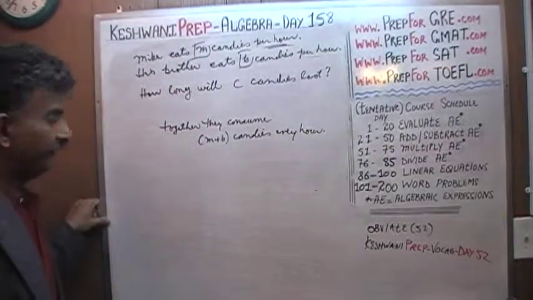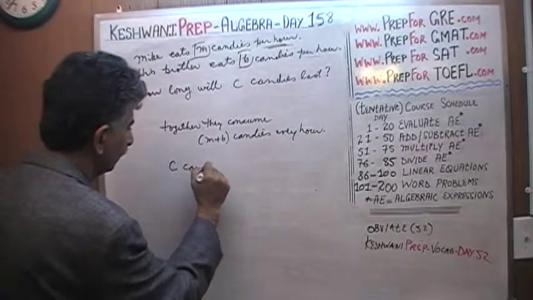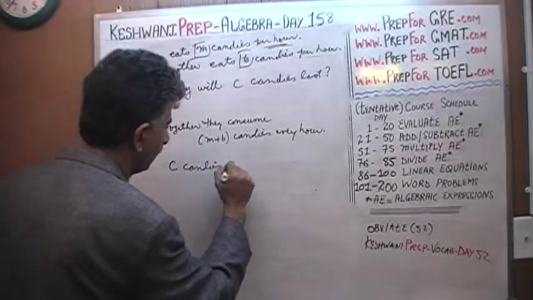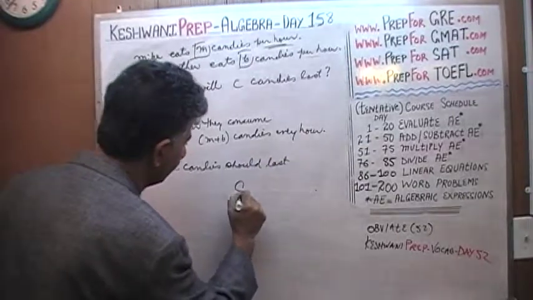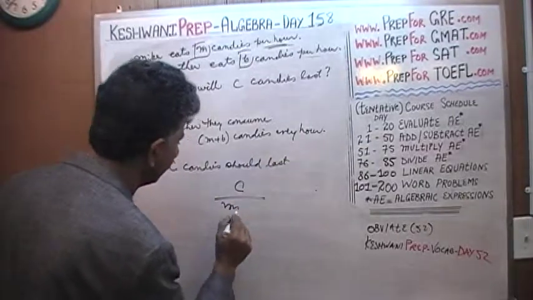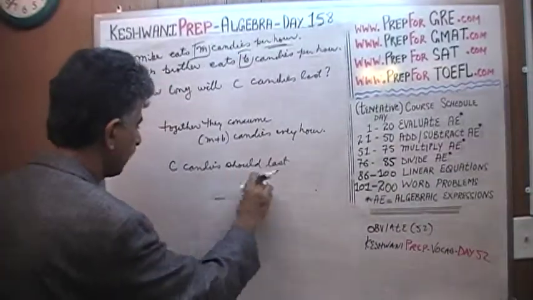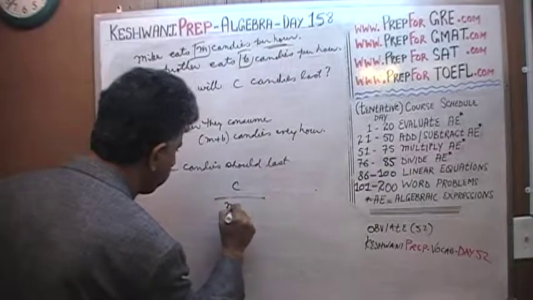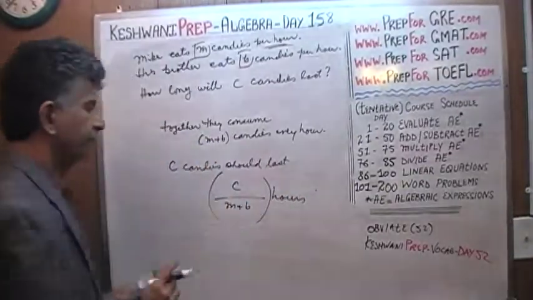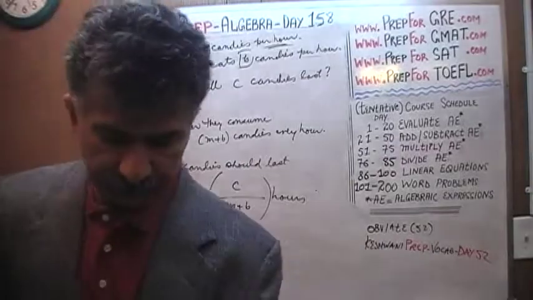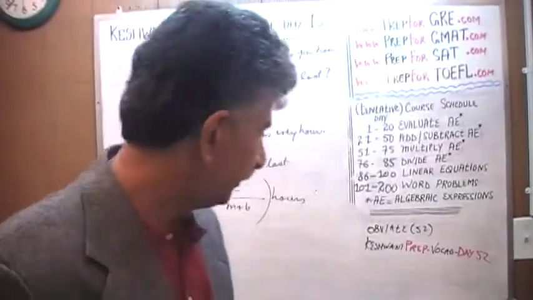Well, if that were the case, then C candies should last C over M plus B hours. That is the answer. That's it. That's the algebraic expression. Had it been a multiple choice question, one of the answer choices simply would be C over M plus B.